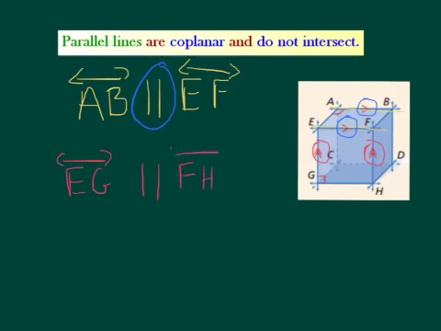So you'll notice that there are two sets of arrows on lines EG and FH, and only one set of arrows on line AB and EF. So the different number of arrows tells us that each set, if they're parallel, has the same number of arrows. So if you see two lines that look parallel but don't have any arrows, you cannot assume that they are parallel to each other.